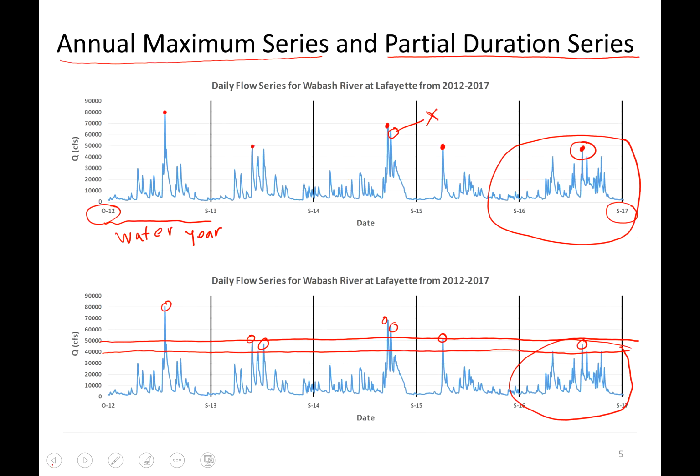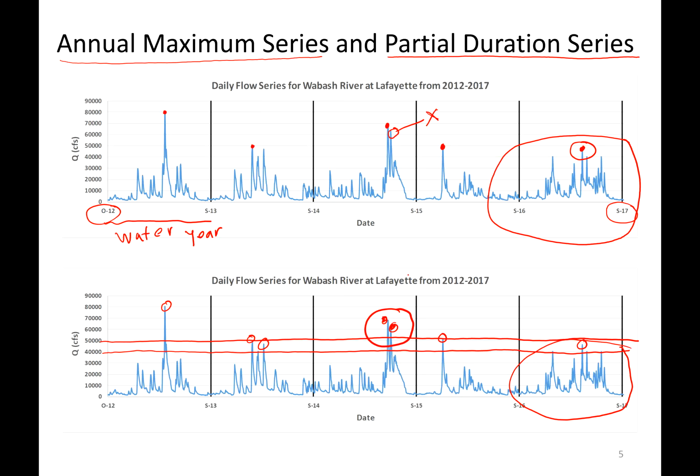Now let me go back to this slide. Now I'm focusing on the partial duration series plot here. Look at these two flow values in year 1415. If I pick these two, and those of you who have done statistics or probability class know, when we pick our data, we want to make sure that all the data points are independent of each other.